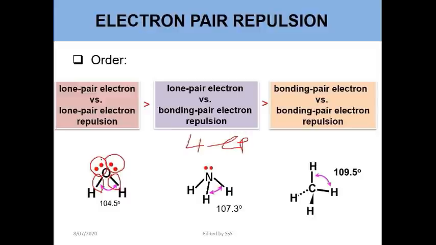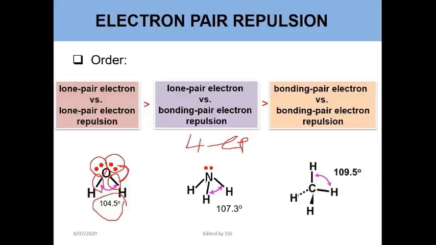The presence of 2 lone pair electrons will repel each other stronger than lone pair bonding pair repulsion. Thus, the stronger repulsion makes the bond angle between HOH 104.5 degrees.